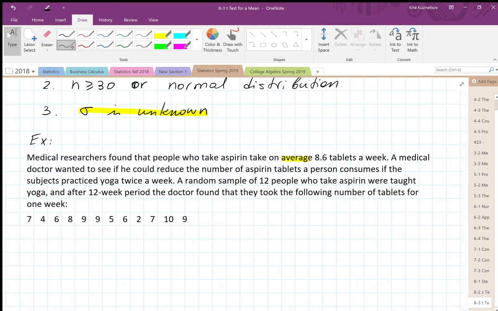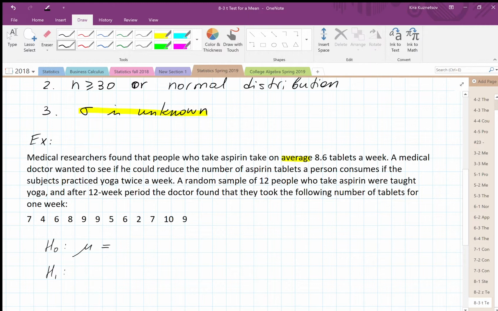So, in order for me to do this, this is a hypothesis test. All of the steps are similar to steps that we've taken in 8-2. And we're going to start with the null hypothesis and the alternative hypothesis. This is the average, so I need to have a mu.